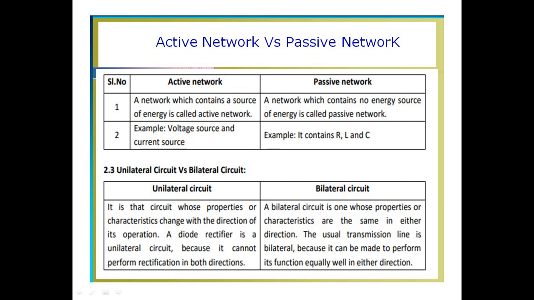A bilateral circuit is one whose properties or characteristics are the same in either direction. The usual transmission line is bilateral because it can be made to perform its function equally well in either direction.